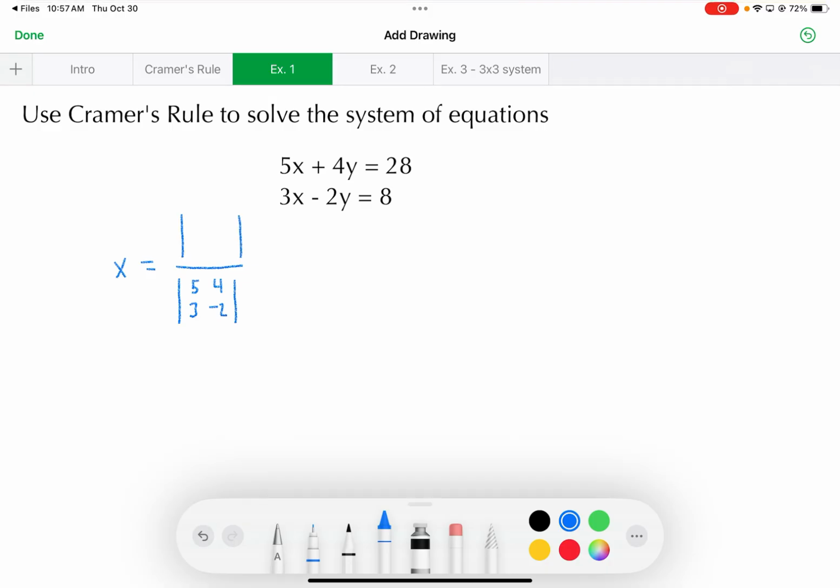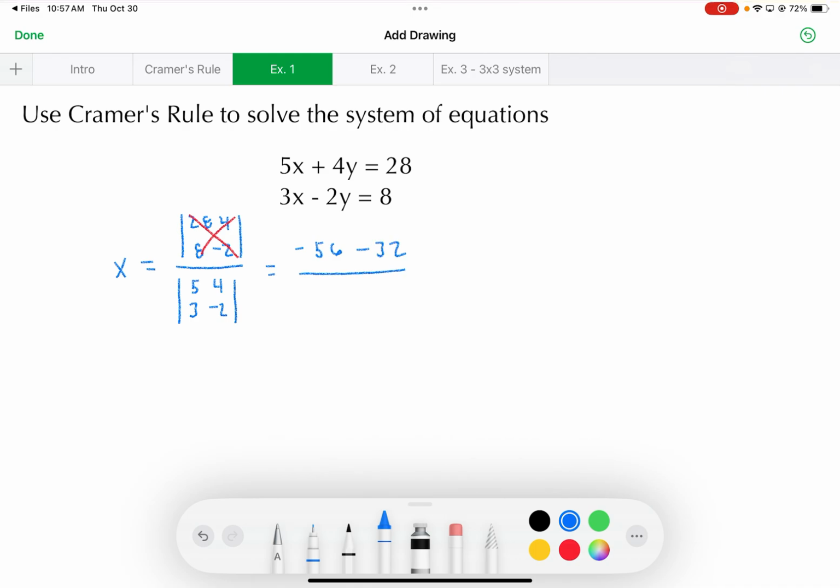In the numerator, since I'm solving for x, I'm going to replace the x column, those coefficients, with the constants, 28 and 8. But the y coefficients will remain, 4 and negative 2. Okay, now calculate both second order determinants. So 28 times negative 2 is negative 56 minus 8 times 4, 32.